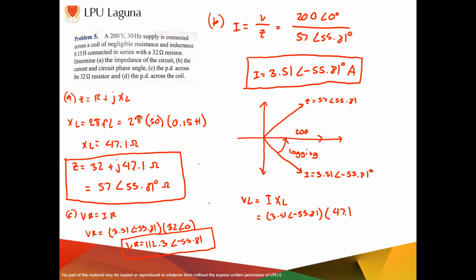Ito yung XL natin. Anong angle ng XL? Since it is inductive, bar angle 90 degrees. So VL natin is equals to 165.3 bar angle 34.19 volts.